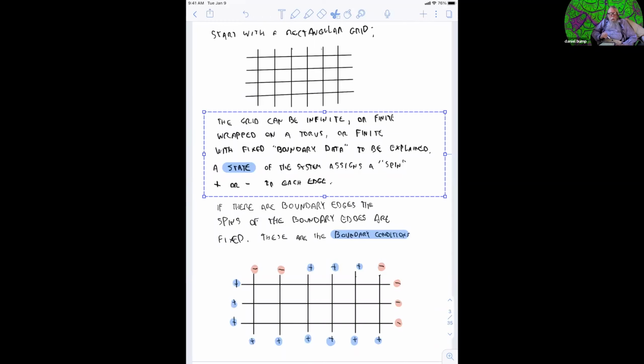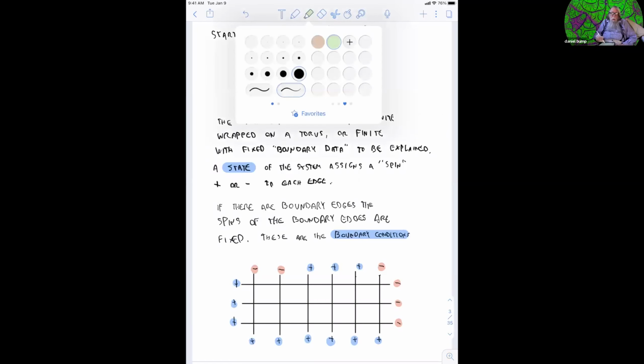So if there are boundary edges, if the thing isn't infinite or somehow wrapped on a torus, then the spins of the boundary edges are going to be fixed. So the spin is a value which is, let's see, what are the colors here?